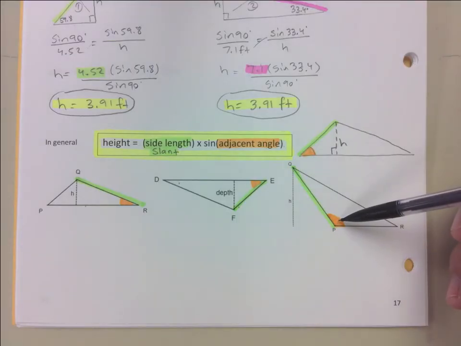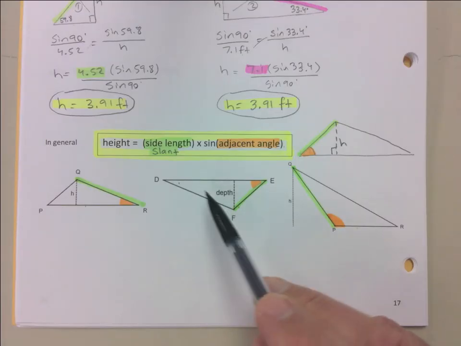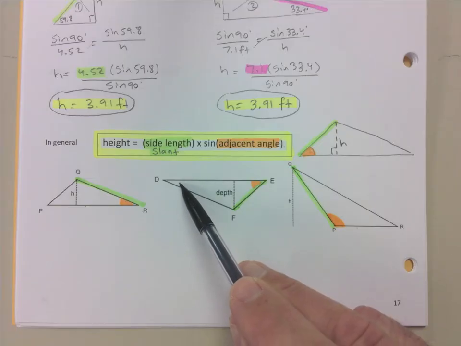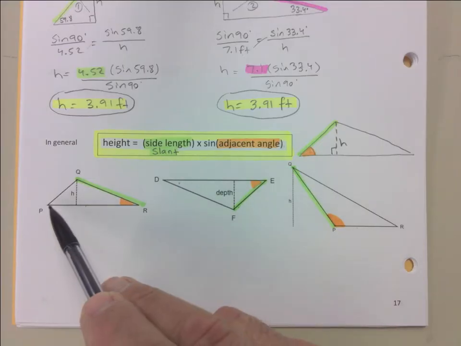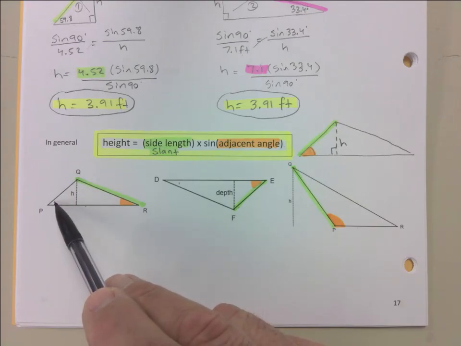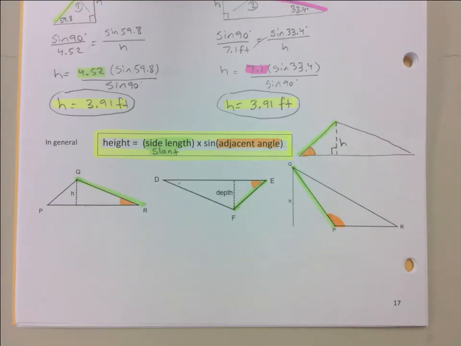Just go with it for now. You would find the height. I did not highlight the other side because I don't want to have too many things going on. But if you knew this side length, obviously you would want that angle there. If you knew this side length, you would multiply it by sine of that angle there. Okay, so that's the shortcut for today.